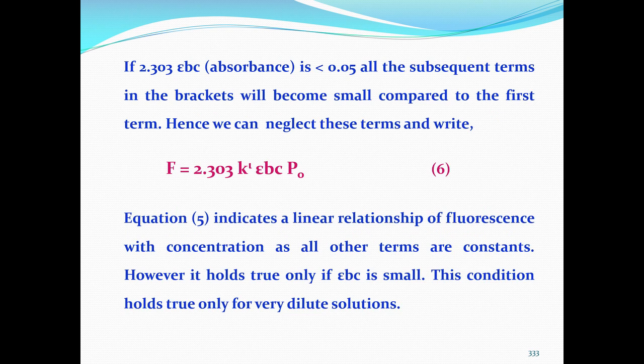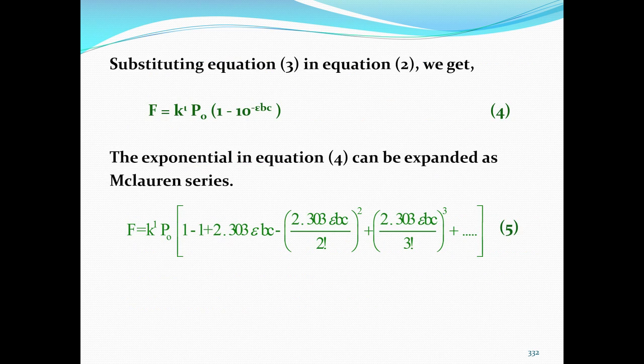then we have neglected the longer terms and retained the first term, that is 2.303 epsilon Bc, and epsilon Bc square etc., epsilon being very small, we neglect that, and this 1 and 1 will cancel.